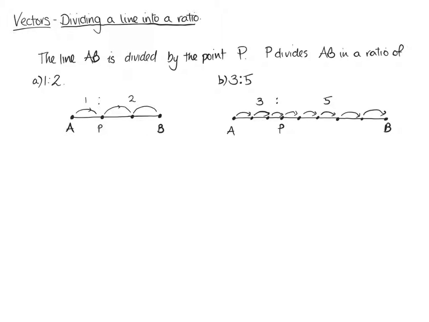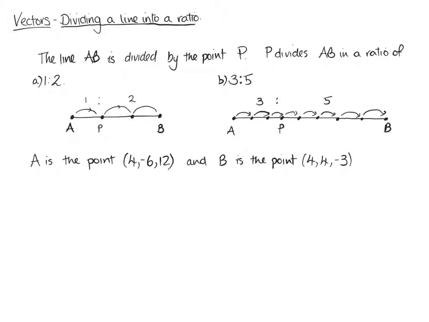Right, so we'll do it this time and we've got points. So A is the point (4, 6, -6, 12) and B is the point (4, 4, -3).